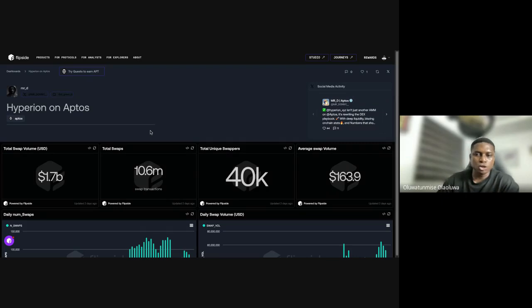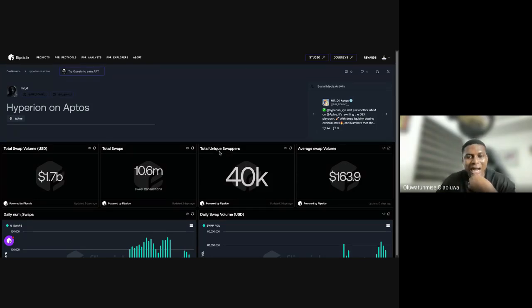Here is George using the knowledge that we have shared and taught him in Analytics Sage to track on-chain data. Now you see that he was able to track the total swap volume in the Hyperion ecosystem within Aptos. He was able to also determine how many total swaps took place on this project that was built on Aptos.